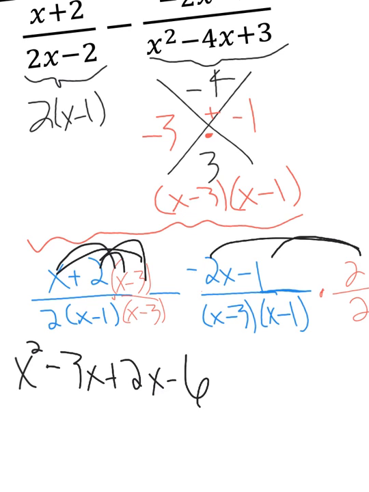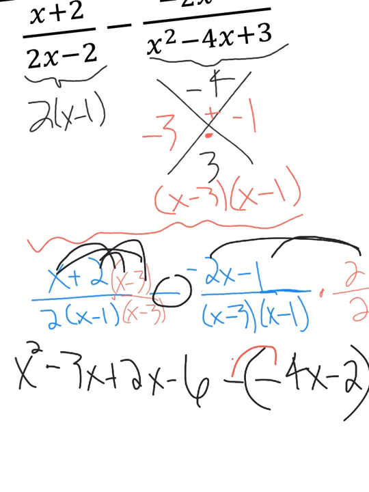So let's do 2 times -2x first, -4x, and 2 times -1 is -2. And then remember, there was a minus sign in the middle of all of this. So technically, you have minus this whole top part of the fraction still. So just put it in parentheses because we're going to have to distribute that negative, which will flip those signs. So plus 4x plus 2.